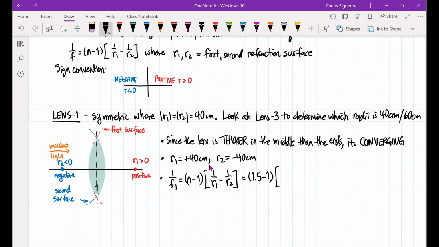My first term is positive 40 centimeters, and my second term has negative 40 centimeters. When I compute this, f1 is equal to positive 40 centimeters, which is, of course, positive.